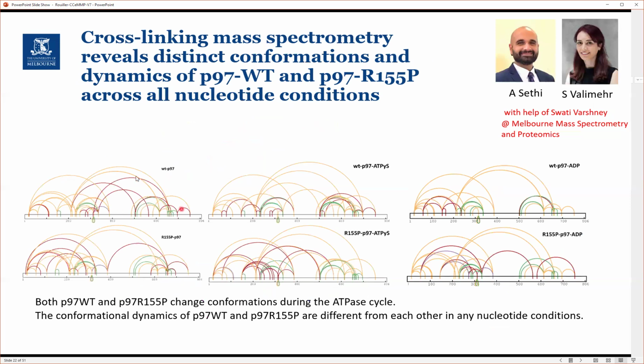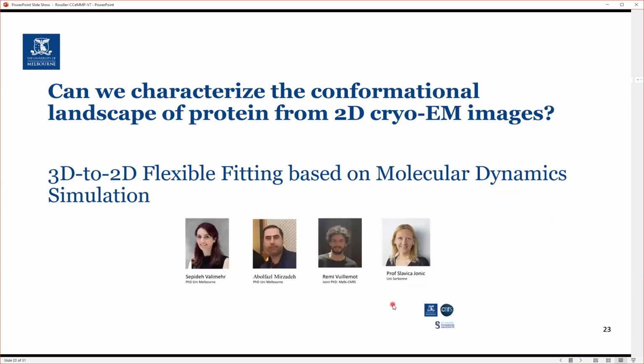Then she also carefully repeated the work in the absence of nucleotide, in the presence of ATP gamma-S, and in the presence of ADP to capture the full range of motion. She showed that both wild type and the mutant change conformation during the ATPase cycle, which is not surprising, but also that the conformational dynamics of the wild type and the mutant were different from each other in any nucleotide condition.